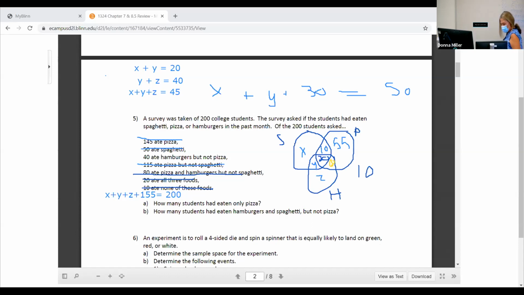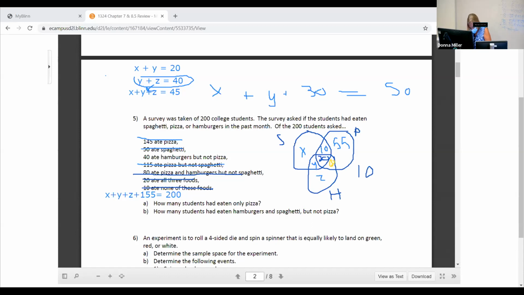So for you guys online, what I did, I took y plus z, I knew that was 40. So I replaced this with 40 right here. So what I get is x plus 40 equals 45.